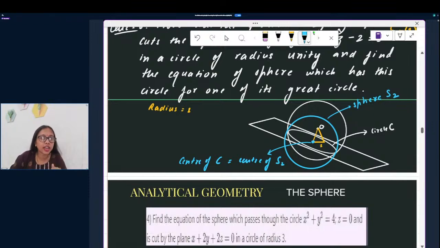So the center is what they are asking in the second part, because the center of C is going to be the center of this sphere. All you need to work with is the radius. In fact, the radius of S2 and the radius of C are also the same. This is the radius of C you have already calculated. So the radius of the sphere is 1, and you need to find the center of S2. You have the radius of S2, you have the center of S2. You can find the equation of S2.